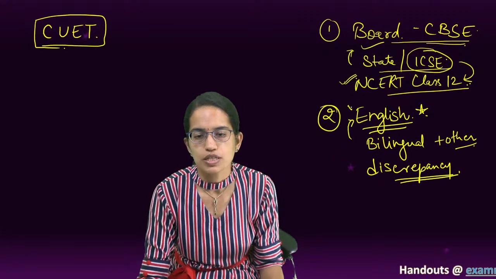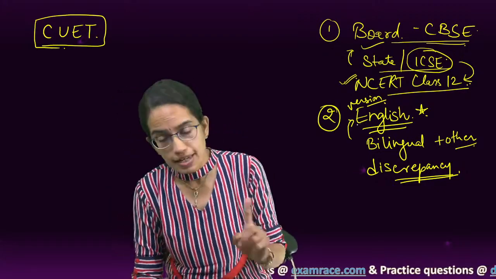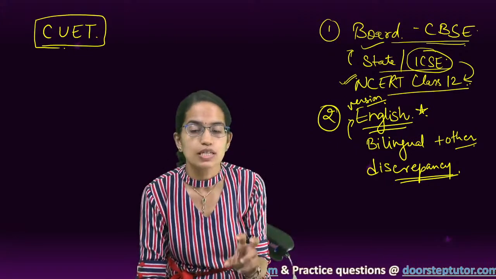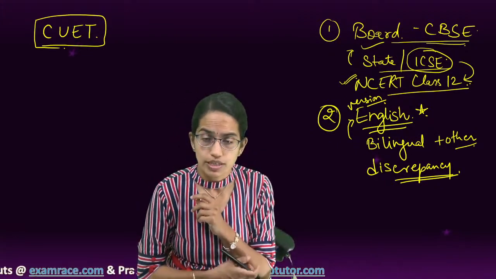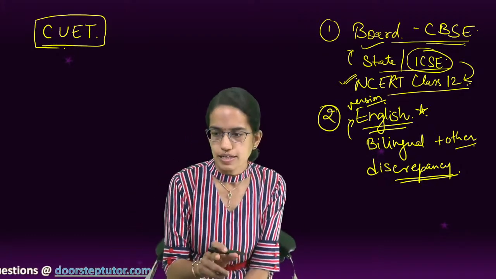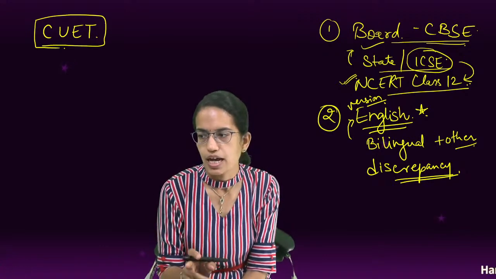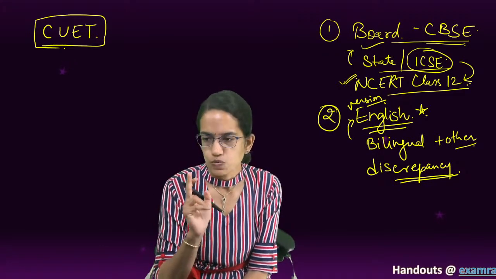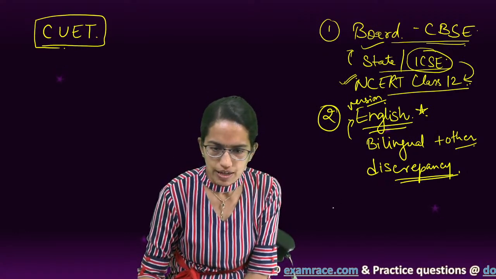The English version would be kept on priority. So even when you are appearing for your examination and you see that there is some doubt in the regional language or in the Hindi language that you are reading, then read the English version and make sure that the English version is read thoroughly. That's very important. So that's the second important question that we have come across.